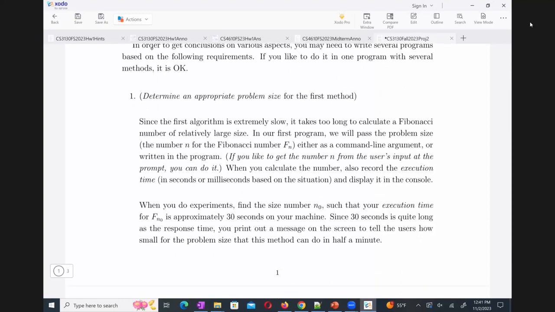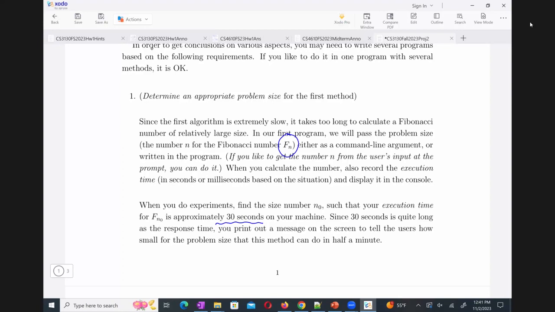And the first method, you should expect it to be very slow. When you test it, very, very slow. Just pick some input, Fibonacci f of n, or f sub n.